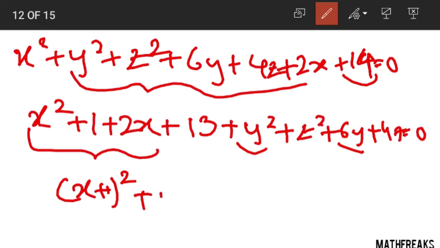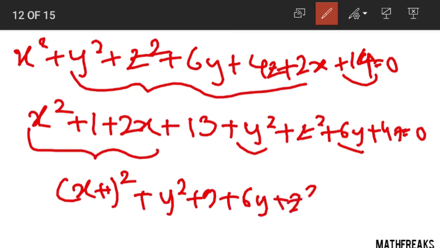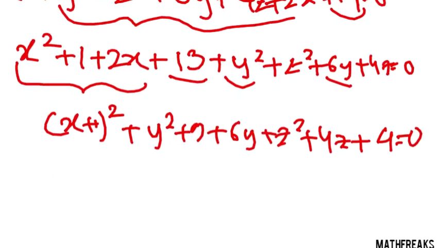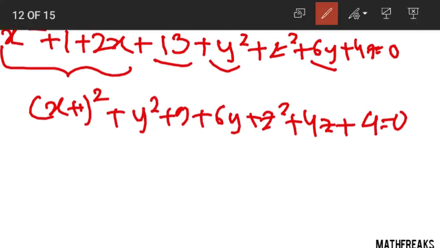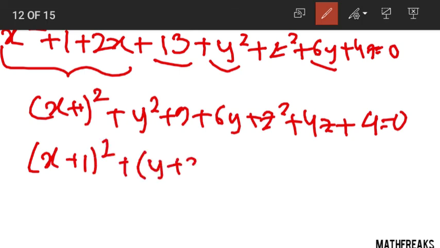So can we write it as y square plus 9 plus 6y plus z square plus 4z plus, and what we are left with if you subtract, so 13 and we are left with 4, right? So see, our assumption that we made was right. We can factorize it into perfect squares, right? So what would be x plus 1 whole square plus y plus 3 whole square plus z plus 2 whole square is equal to 0.